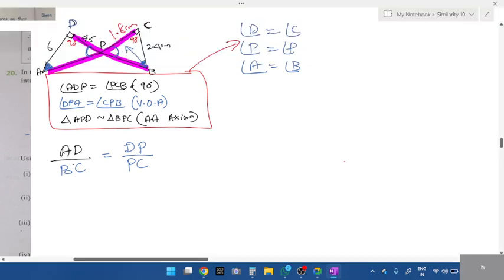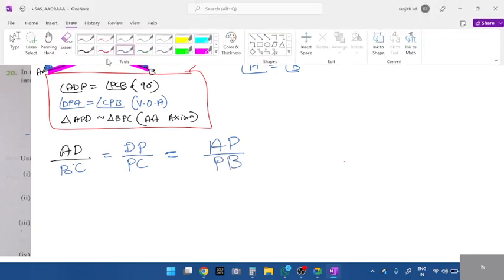The actual formula when two triangles are similar: AD divided by BC, BP divided by PC is equal to what is the third side, students? Tell me the third side which is left. In the first triangle, what's the third side? AP divided by... In the second triangle, what's the third side? Very good, PB. This is the actual similarity concept.